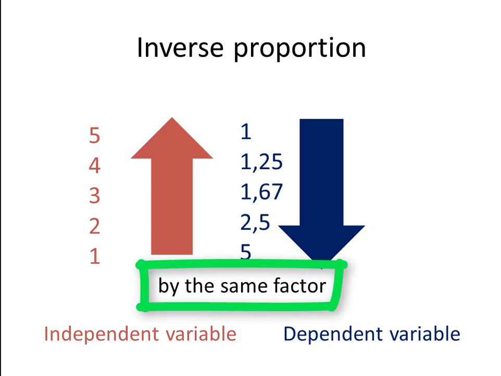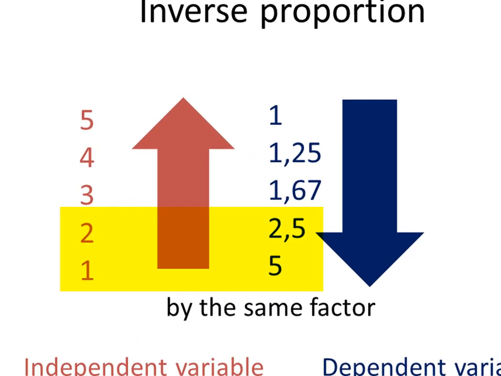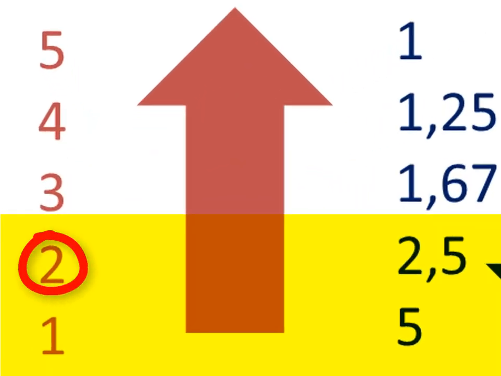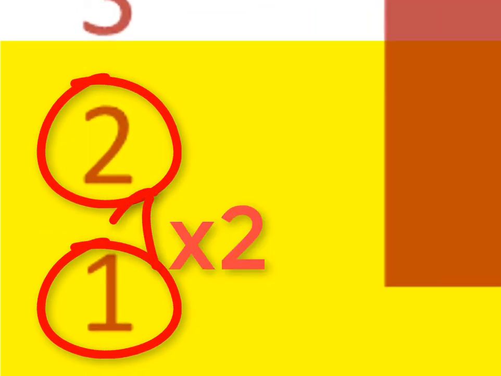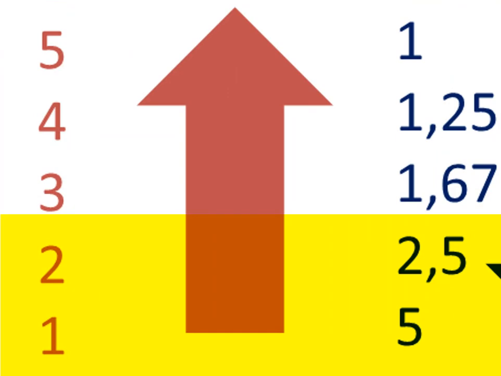How can we see that this is by the same factor? Well, let's look, for example, at the comparison of 1 and 2 for the independent variable. How does 2 compare to 1? Of course, 2 is double 1. Now we look at the corresponding dependent variables, and they are 5 and 2,5.